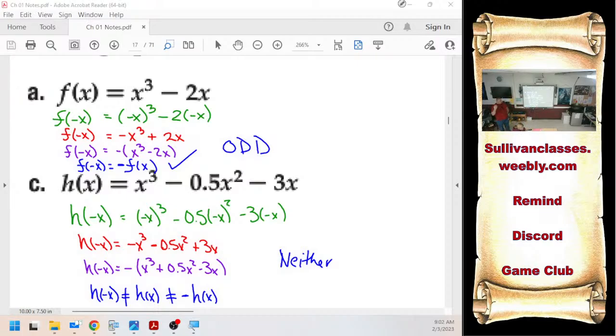Now, for those of us who are looking at this and saying, ow, there's literally a spot on the left side of my brain that hurts right now. Try putting this in your calculator and physically look at the graph. Put x cubed minus 2x in and see what it looks like.